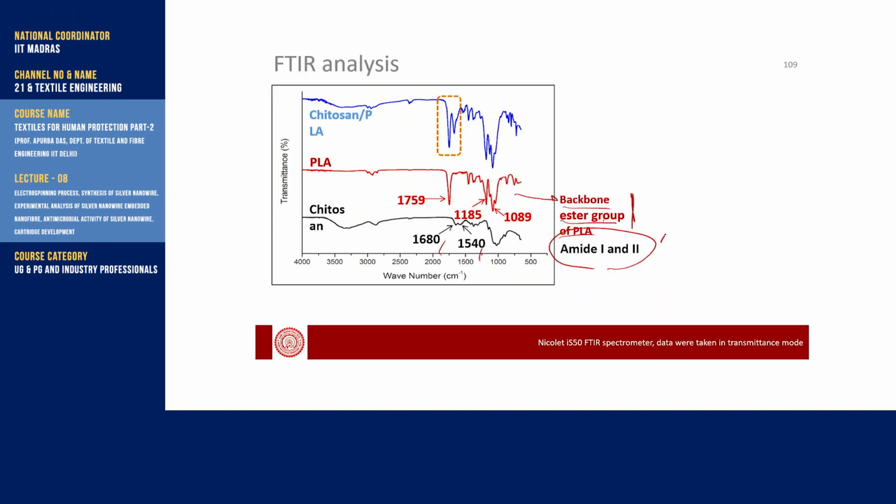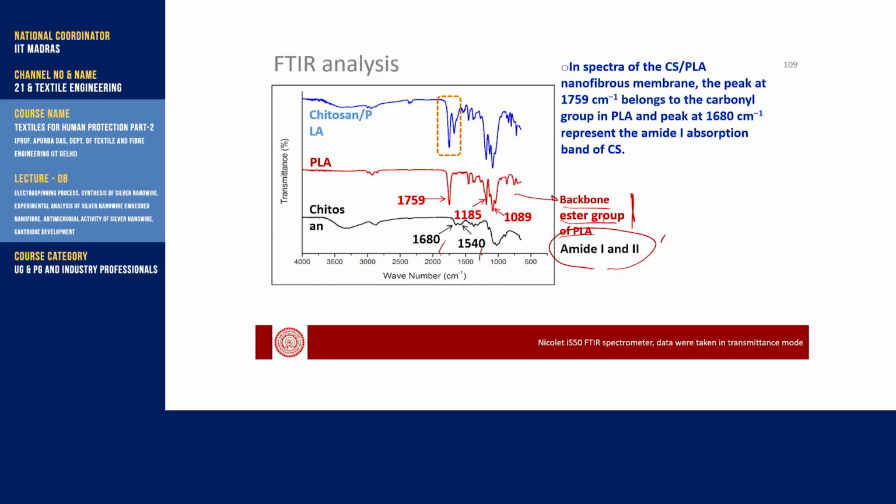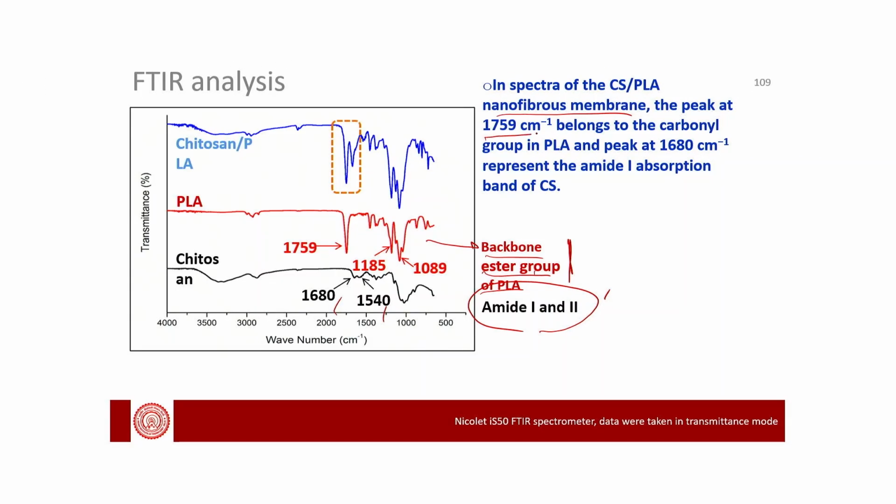Now, when we see the combination, that is the chitosan PLA blend, in this spectra of the chitosan PLA nanofibrous membrane used for FTIR analysis, the peak at 1759 is the peak in the blend which is the peak for PLA.